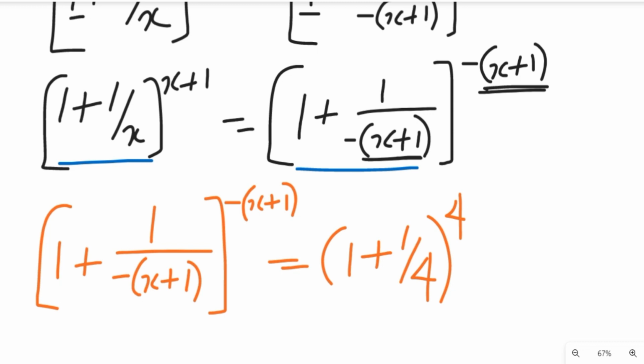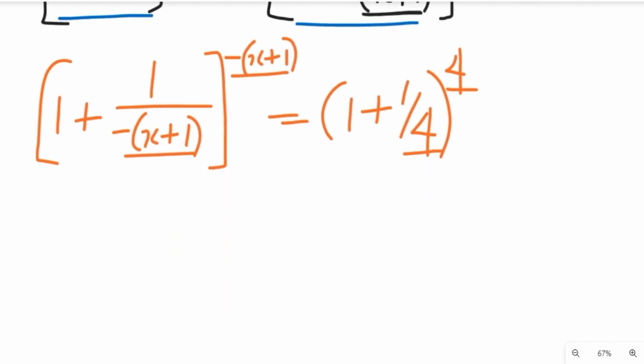Now you come to see that this denominator is almost equivalent to this 4, and the numerator is also equivalent to this. So we are going to take one of the exponents. If we take one of the exponents, that value will now give us minus x plus 1.